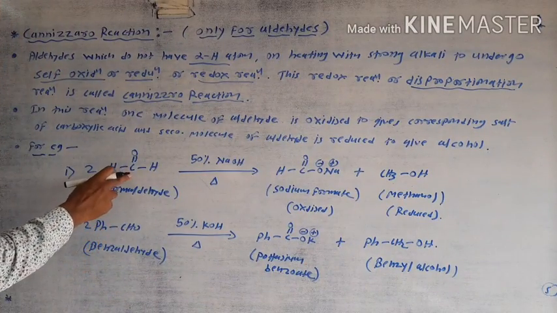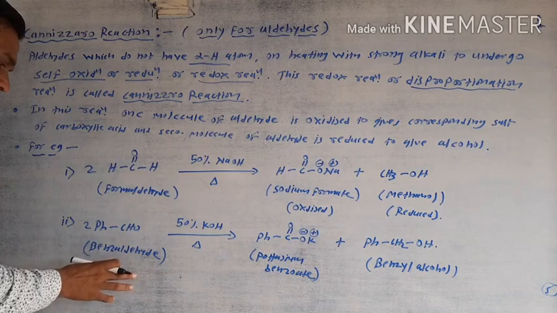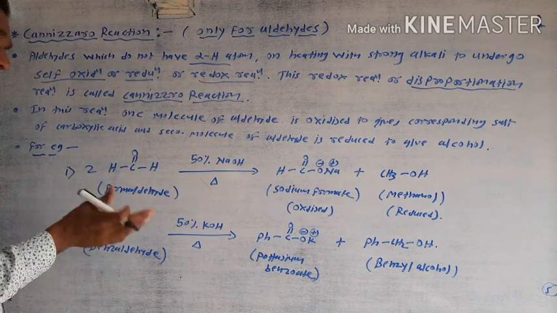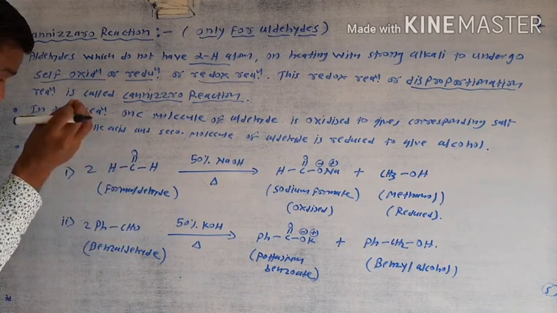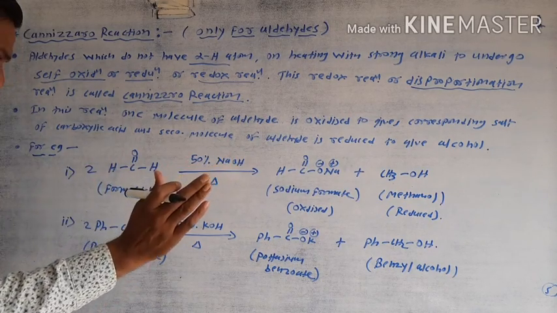Formaldehyde does not contain any alpha hydrogen atom, and benzaldehyde also does not contain any alpha hydrogen atom. This type of aldehyde undergoes the Cannizzaro reaction.